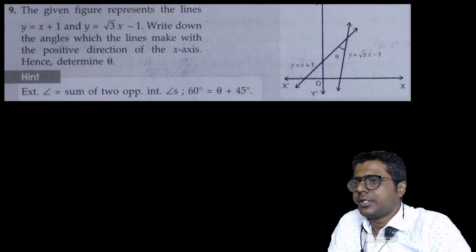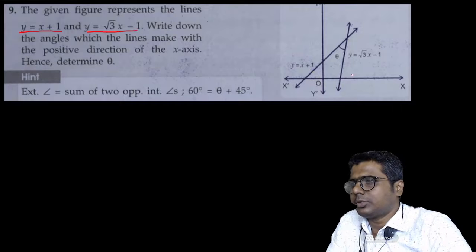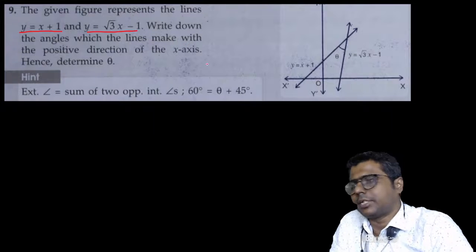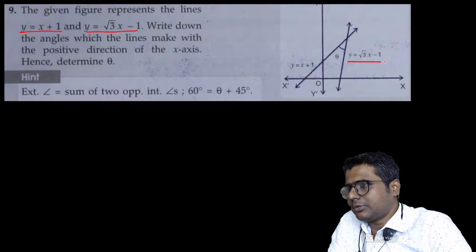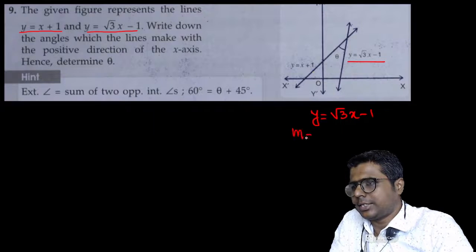It has been asked that, okay, two lines are given, this one and this one, both the equations are mentioned. Write down the angles which the lines are making with the positive direction of x-axis. So from this equation, that is y is equal to root 3 x minus 1, I can easily say that the slope is equal to root 3, and slope means tan theta.